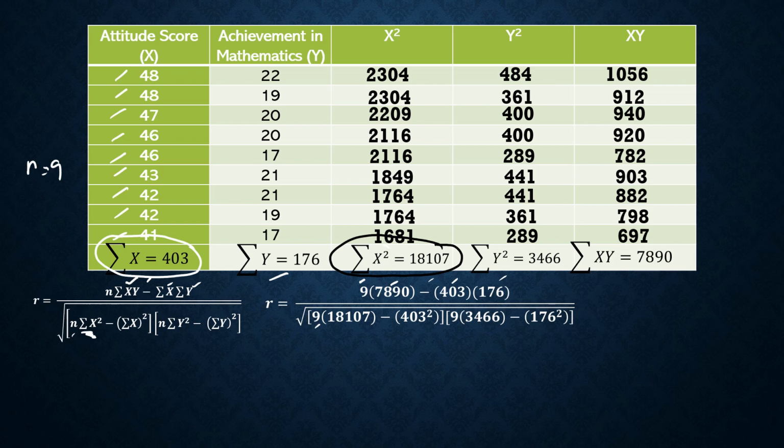Next is multiplied by 9. 9 times summation of y squared. Your summation of y squared is 3,466 minus 176 squared. Now, we're going to start simplifying first this one.